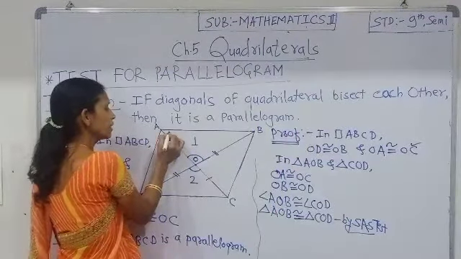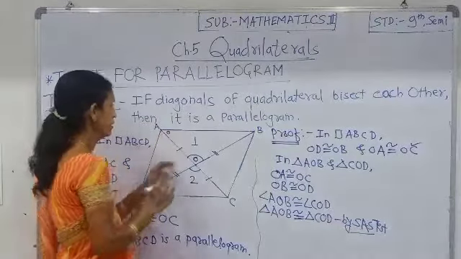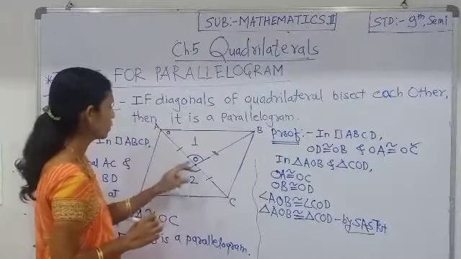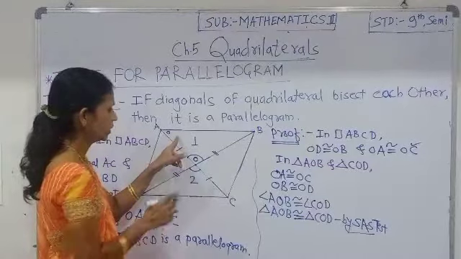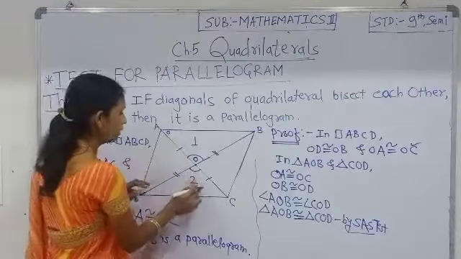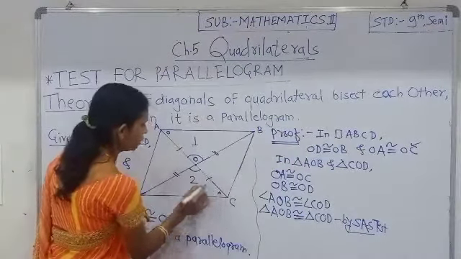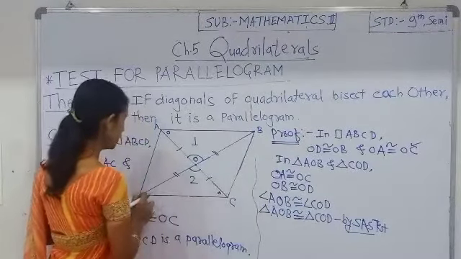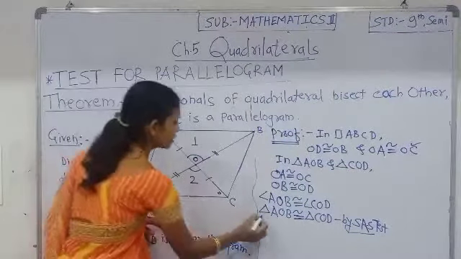The corresponding angles, angle BAO of triangle AOB and angle DCO, are congruent.